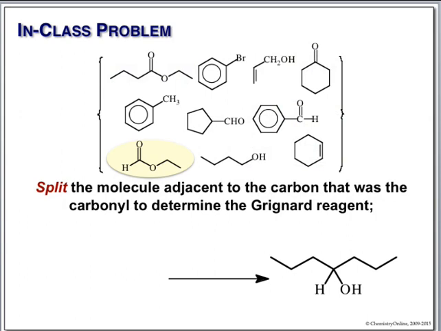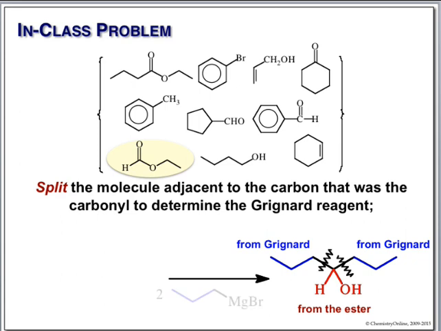So, just like before, if this was our carbonyl, these are the pieces that came from the Grignard. The piece that came from the ester is this guy in the middle. This is the hydrogen. It survives. The alkoxy is lost. So we need two of the 3-carbon Grignards and our formate ester.